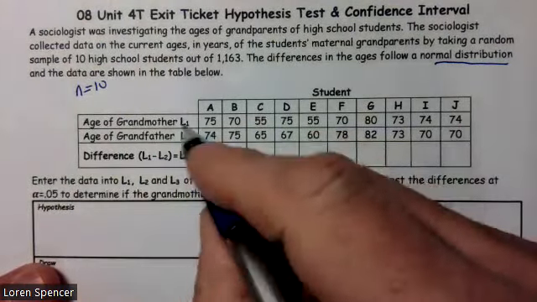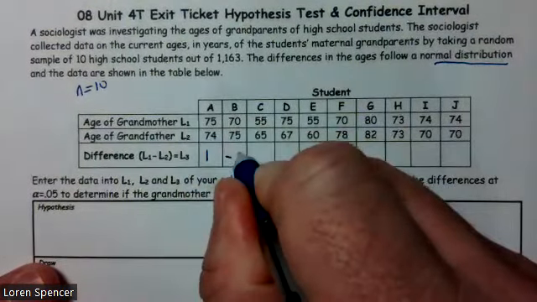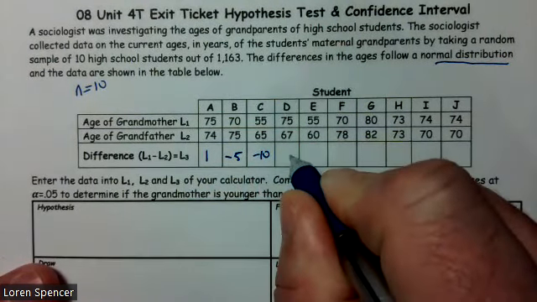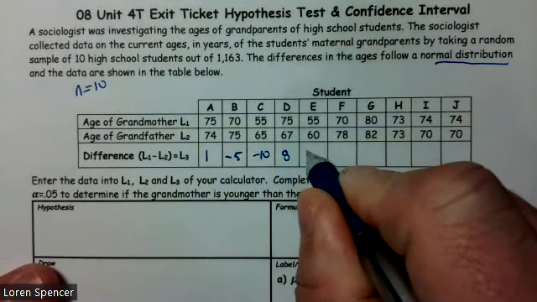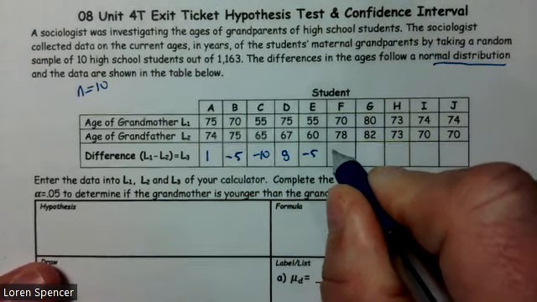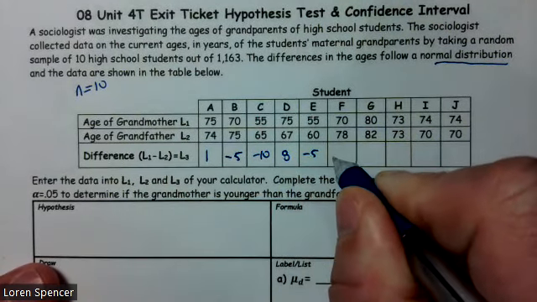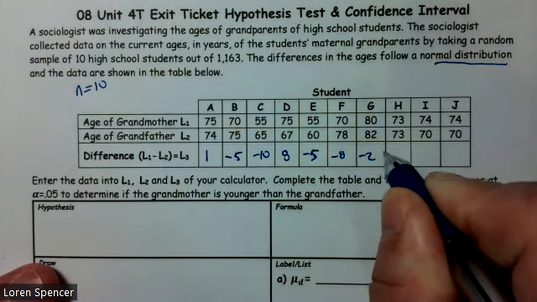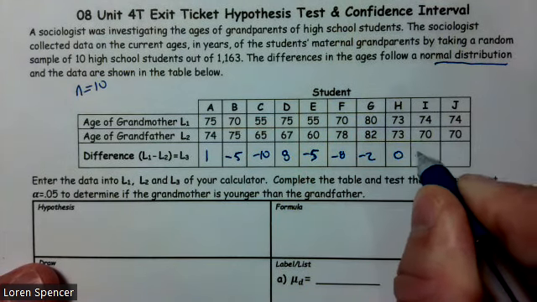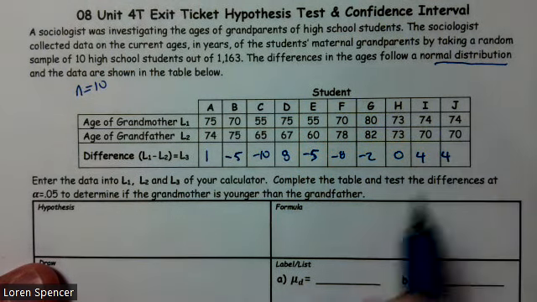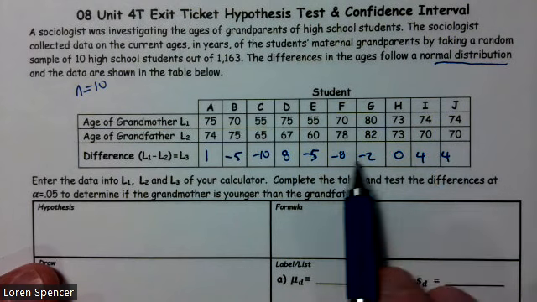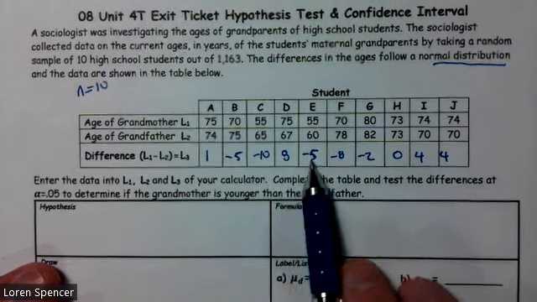We have a 1, a -5, a -10, an 8, a -5, a -8, a -2, a 0, a 4, and a 4. If we have positive numbers, the grandmother was older. If we have negative numbers, the grandfather was older.